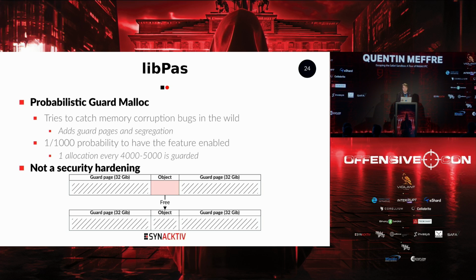So sometimes some objects will be allocated with guard pages, and the objects will also be segregated. But this feature has a 1 out of 1,000 probability to be enabled, and even when it is enabled, only one allocation every 4,000 or 5,000 will be guarded. So this is basically not a security hardening. Instead, this is a feature which tries to catch some memory-related bugs in the wild.